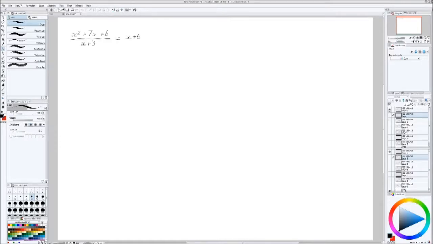So here's a fun one. This is basically the same as the last question, just a little bit different. And actually, if I remember correctly, this equation does end up falling apart a bit, which is fine.